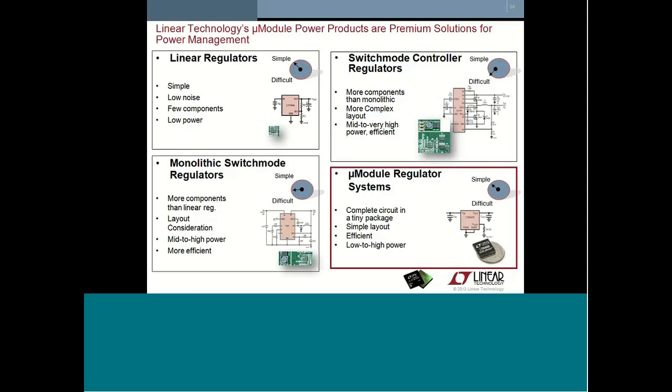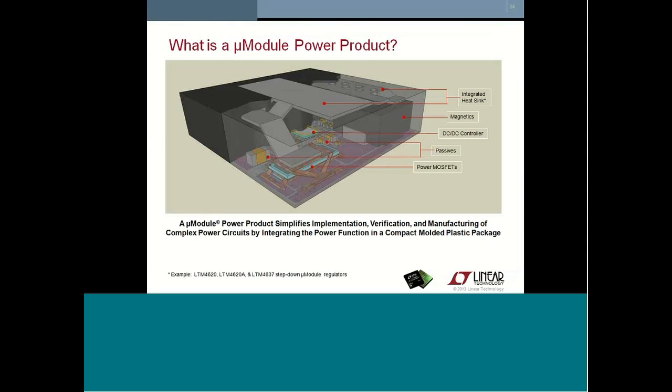A micromodule regulator design combines good features of all three conventional power approaches: high power, high efficiency, low component counts, and simplicity. For example, a DC-DC micromodule regulator provides the efficiency of a switching regulator, and it is as easy to design as a linear regulator.